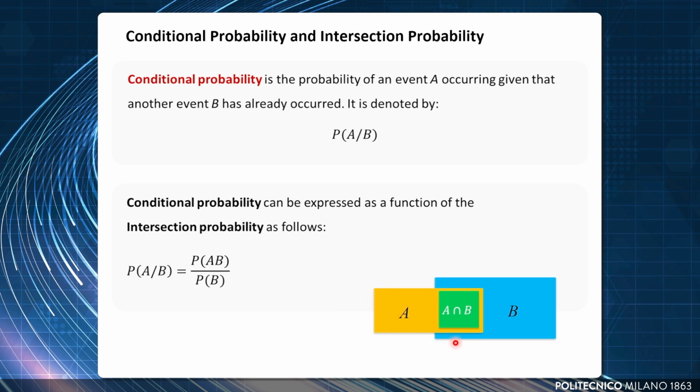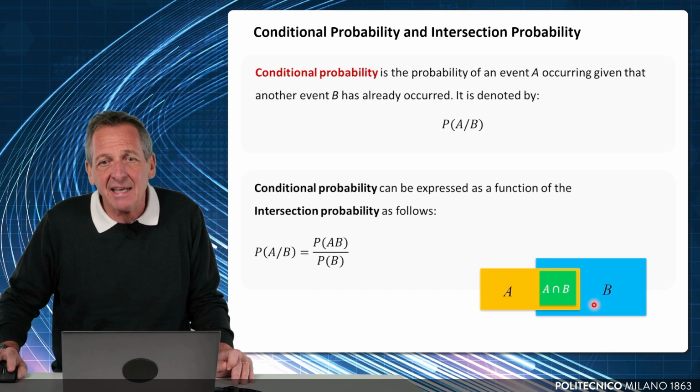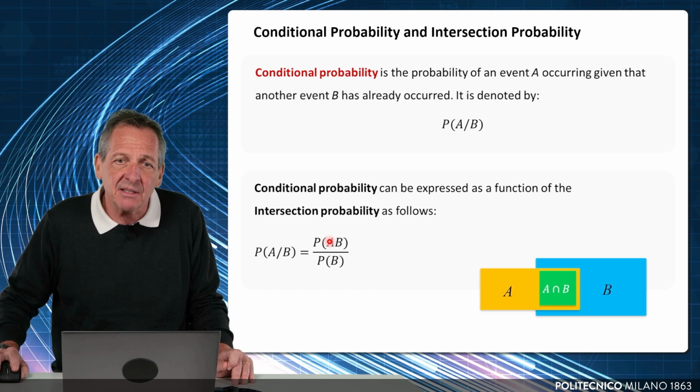We have our event A, the yellow rectangle here, and our event B, the blue rectangle here, and of course, given the event B, the probability of having the event A is just the intersection, the green rectangle here. But in this case, the whole sample space is not A and B, but only B, and so we have to normalize by the probability of B. This is the rationale behind this formula here.